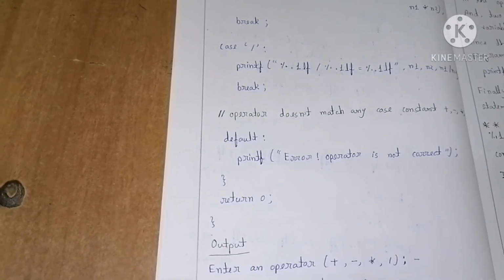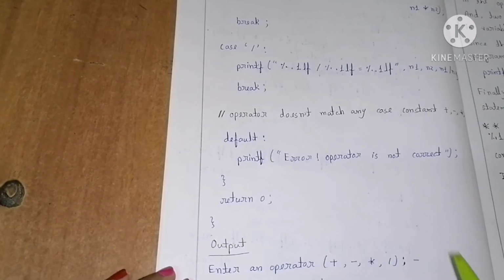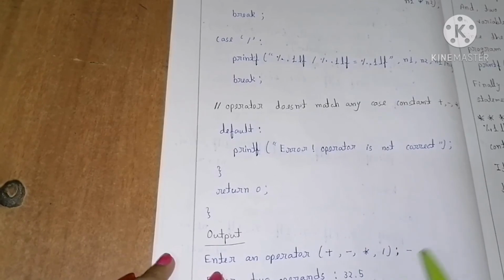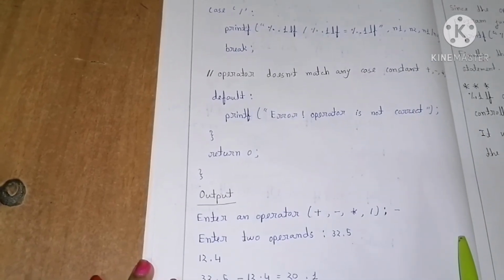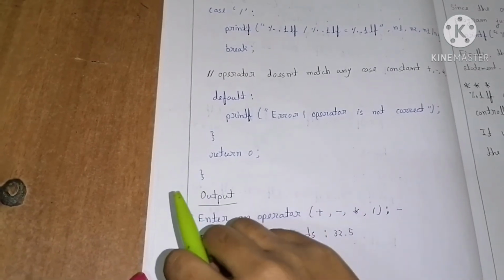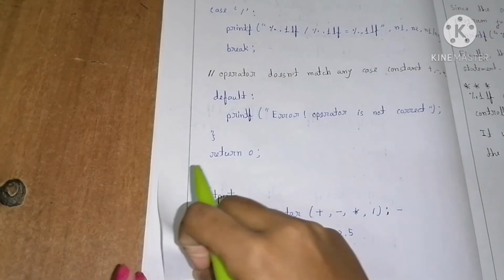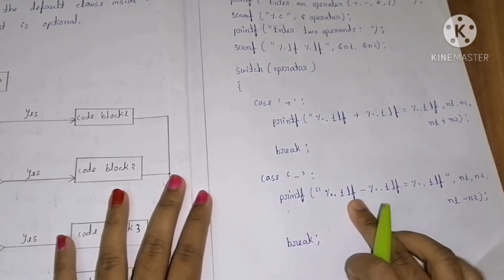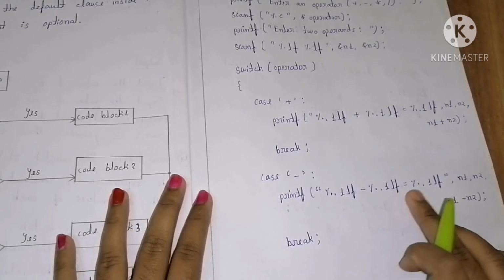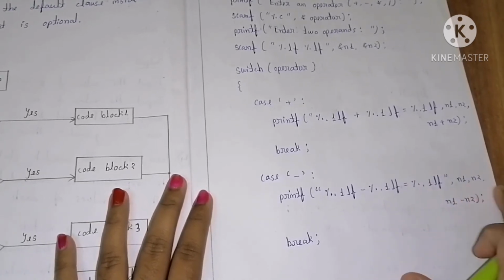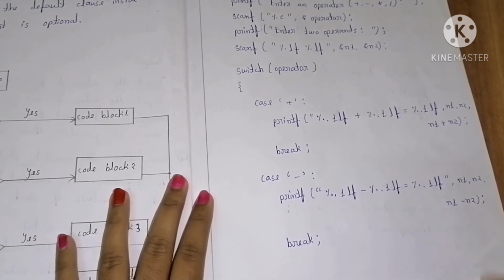Now here is the output of this program. Enter an operator. We have entered minus here, so the control of the program will go to here percentage dot 1 lf minus percentage dot 1 lf equal to percentage dot 1 lf comma n1 comma n2 comma n1 minus n2.